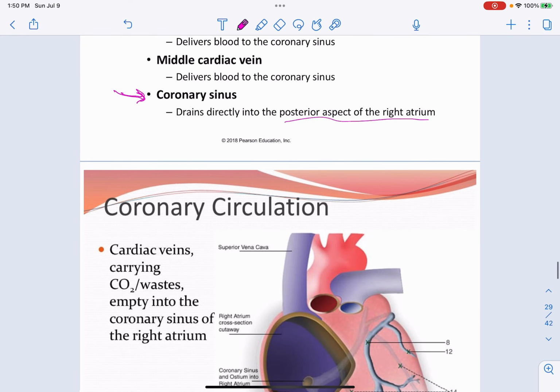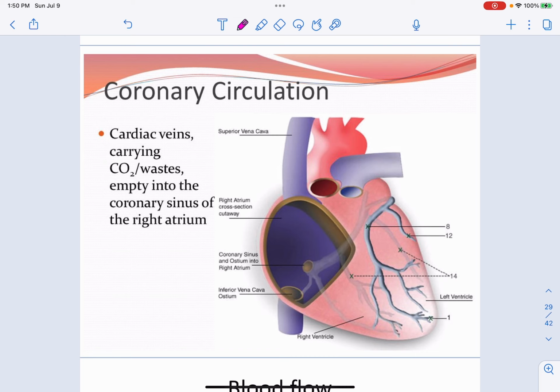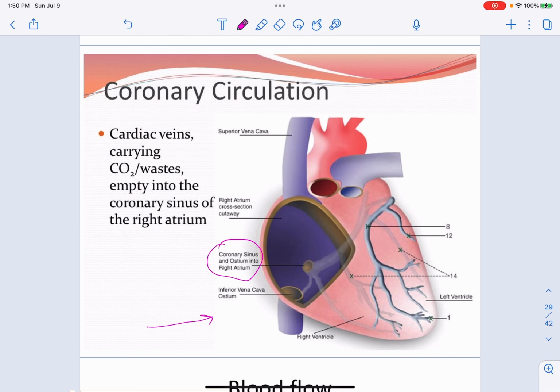I have a really great picture because we've been alluding to this idea of this coronary sinus. So this picture has the atria kind of cut open, so you can see how that coronary sinus is then going to drain into the right atrium. Okay? So it is critical that you understand that.